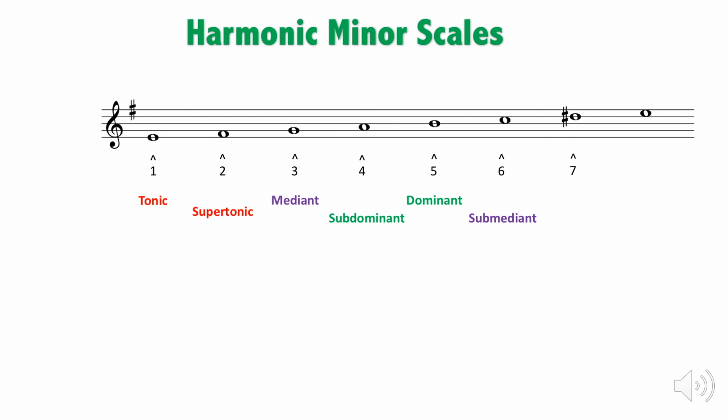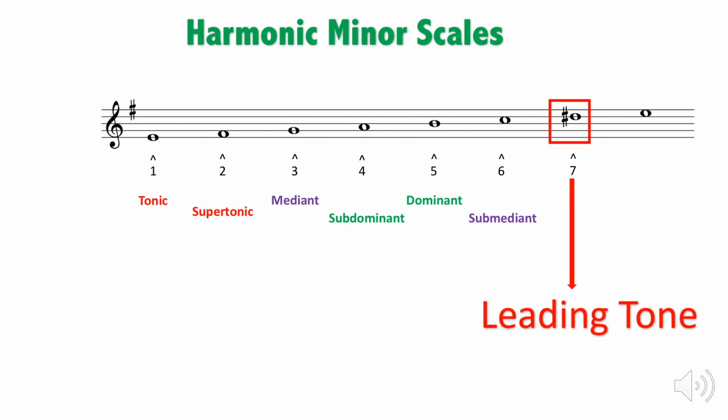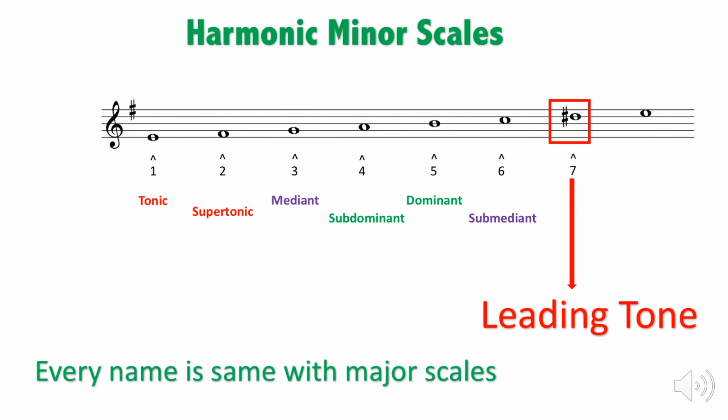However, in harmonic minor scales, the 7th note, or scale degree 7, in this case the D sharp, is called the leading tone. We call this the leading tone because scale degree 7 in a harmonic minor is one semitone apart from the tonic. And as you can see, every name within a harmonic minor scale is the same as in major scales.